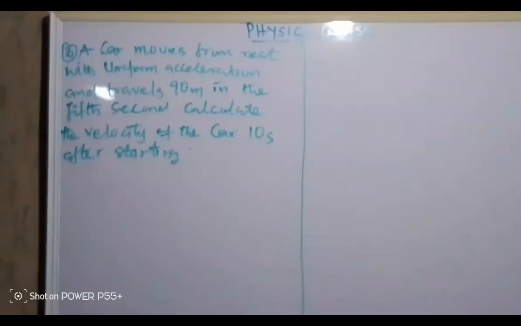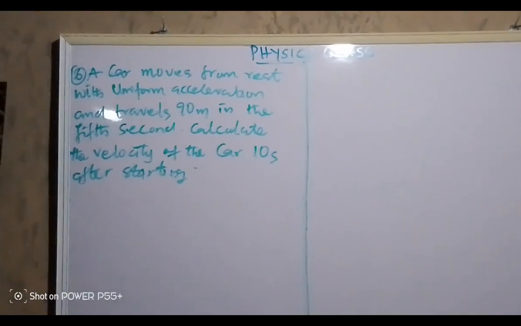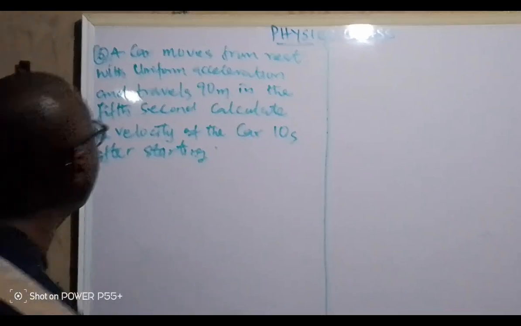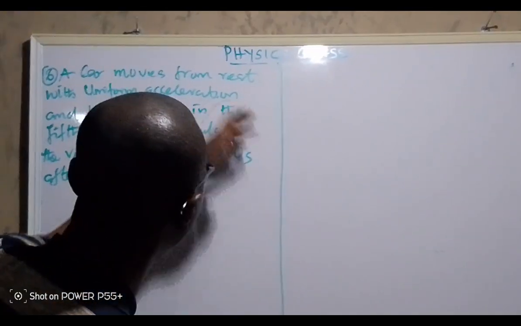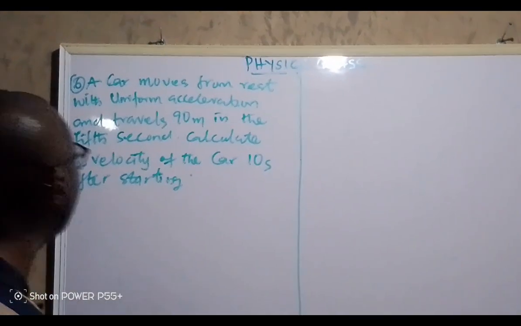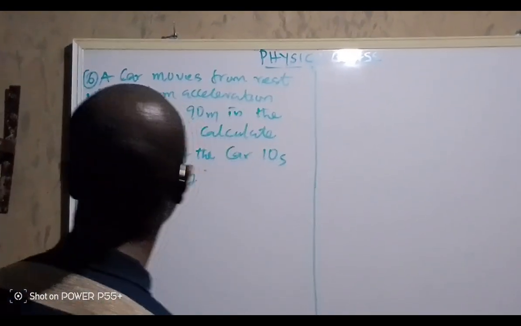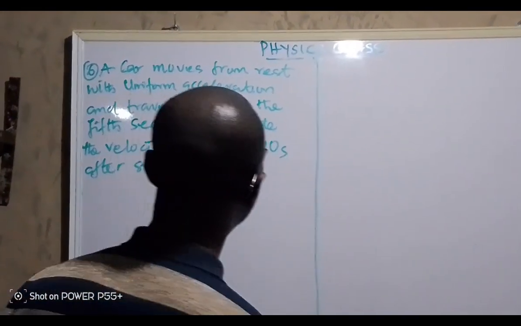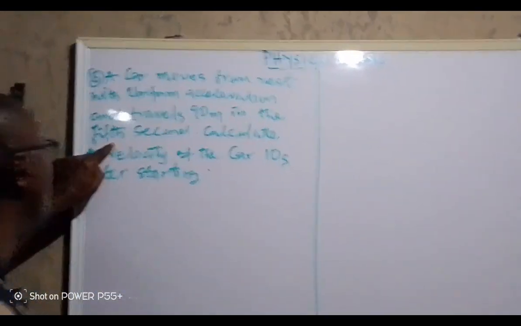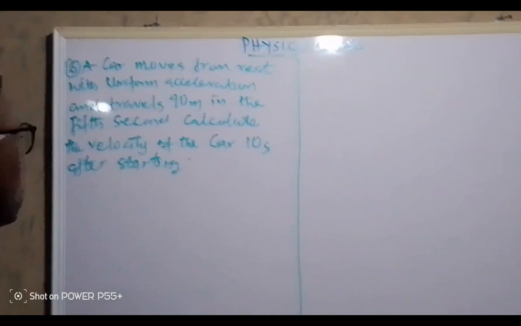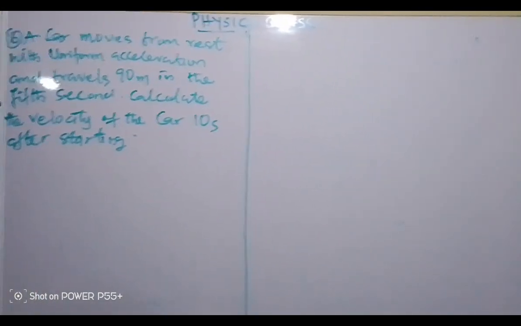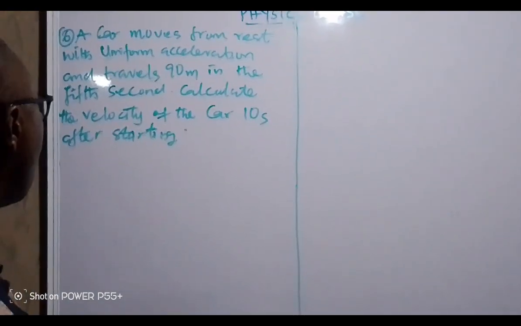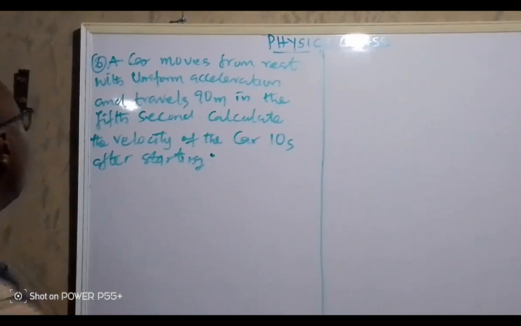Now, let's take this one as example 6. A car moves from rest with uniform acceleration and travels 90 meters in the 5th second. Calculate the velocity of the car 10 seconds after starting. Now to solve this one.